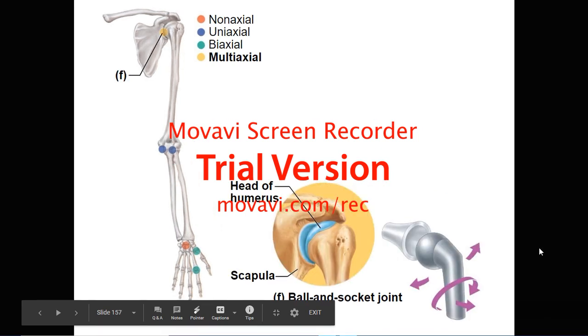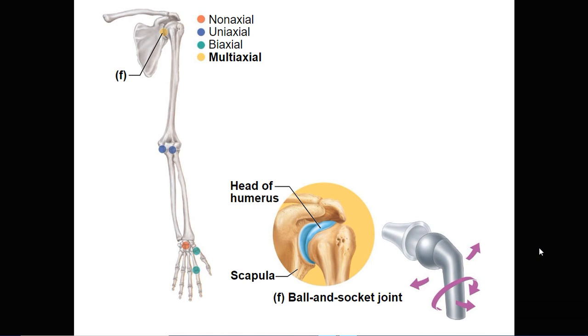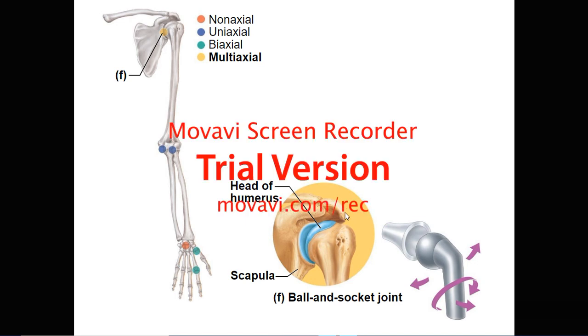This figure illustrates multi-axial movement, and this is the yellow color right here. This is an example of a ball and socket joint. With multi-axial movement, you have movement in three planes.